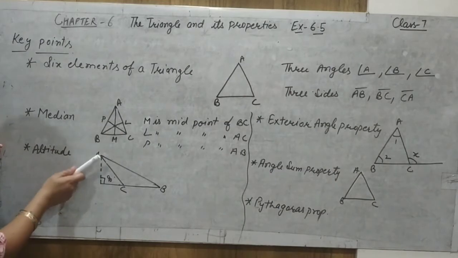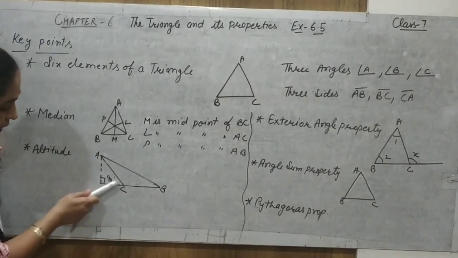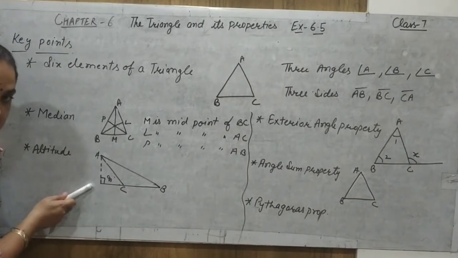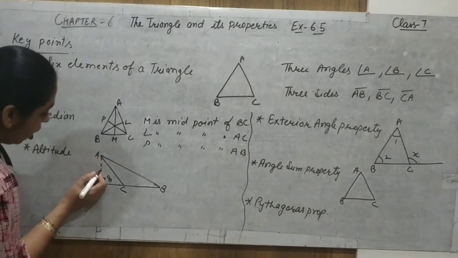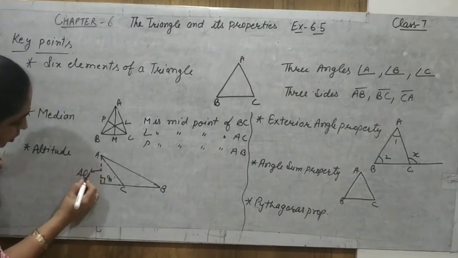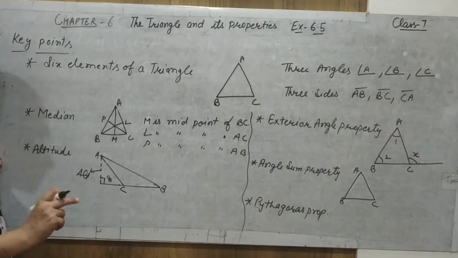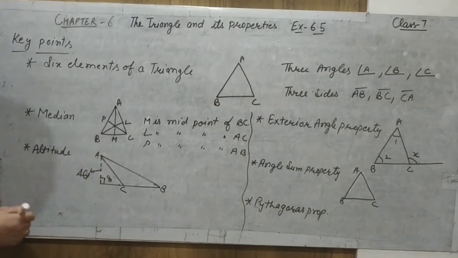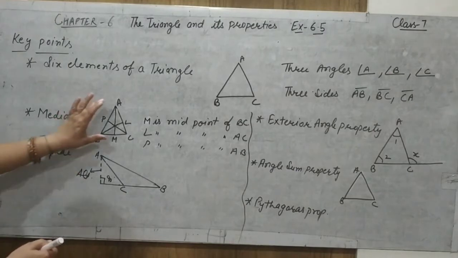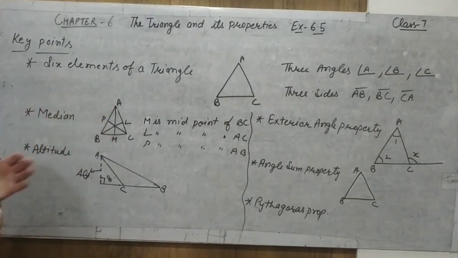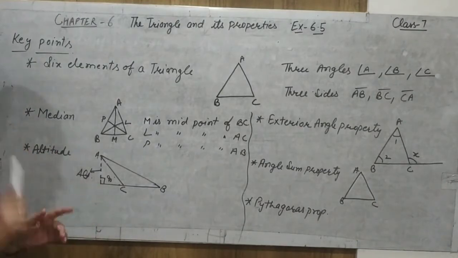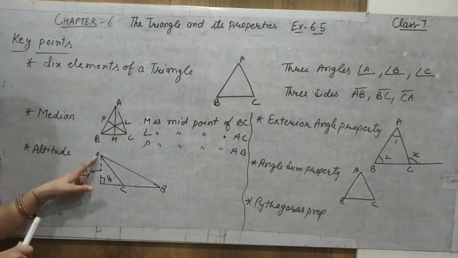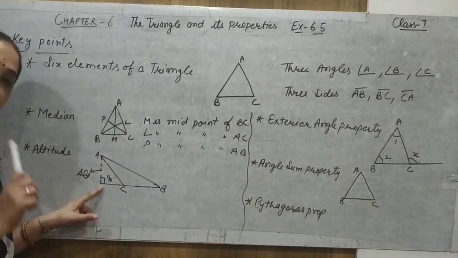Why perpendicular? Because it makes a 90 degree angle with the base. So this is called the altitude. In a triangle we have 3 altitudes, as we have 3 medians. Median is a line segment between the vertex and the midpoint of the opposite side. Altitude is a perpendicular line from a vertex to the opposite side.